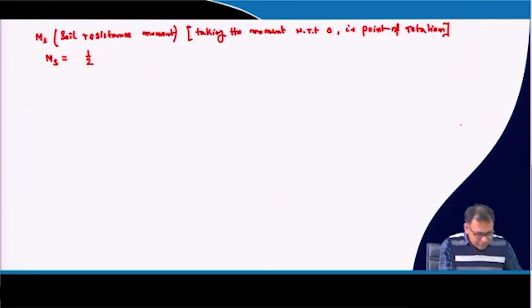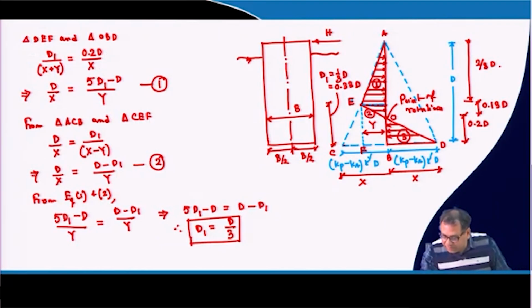So, now for triangle 1, the total force will be half into 2/3 of the net pressure, because the net pressure at this point E will definitely be 2/3 gamma dash d Kp minus Ka.